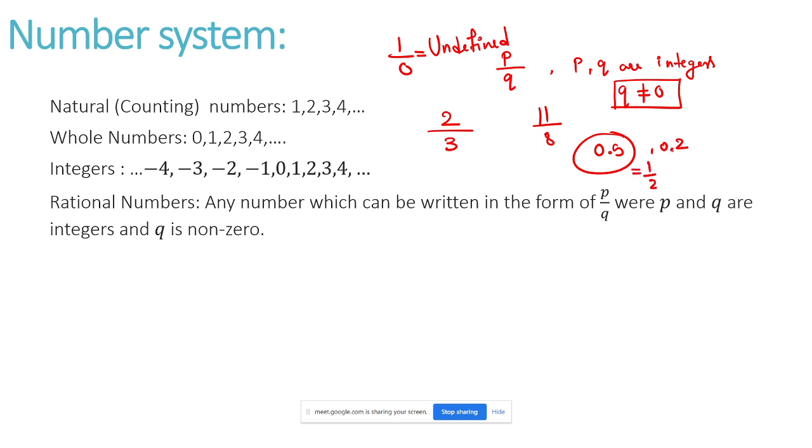Similarly, this 0.2 is a rational number because I can write it as 1 by 5. Right. So these are very basic things which I want to clear before we start. So any number which is a finite decimal, for example, if I tell you 2 by 3, what is 2 by 3? What is this 2 by 3 the same as?